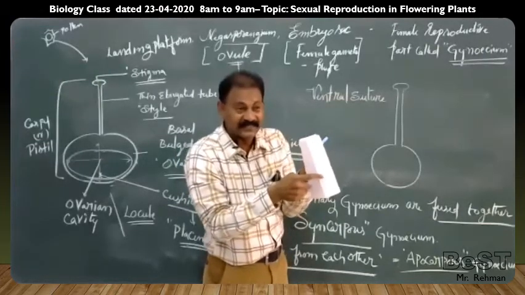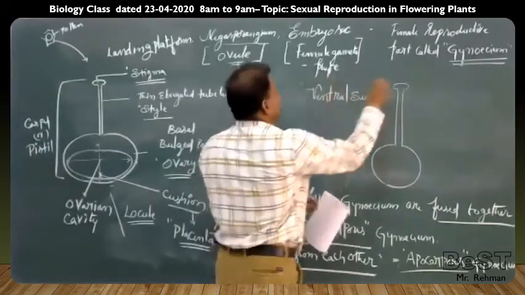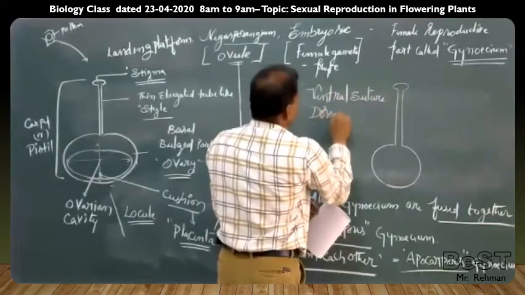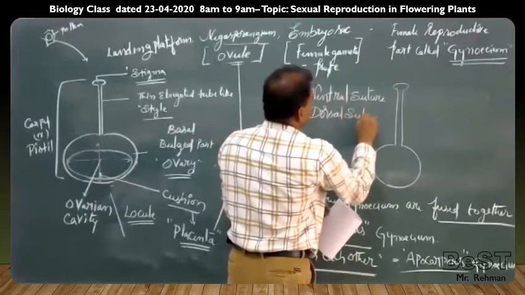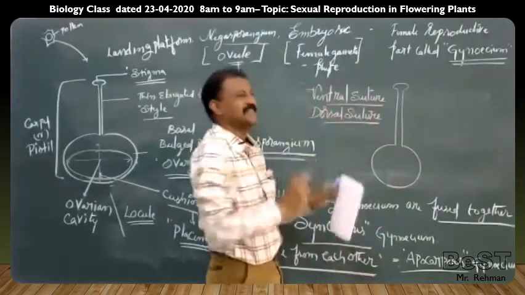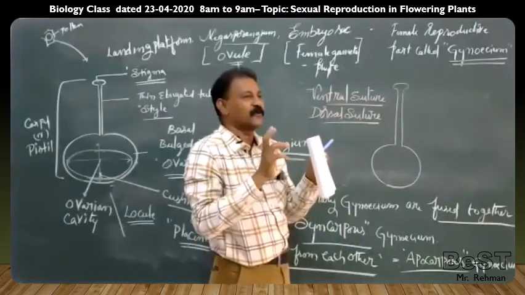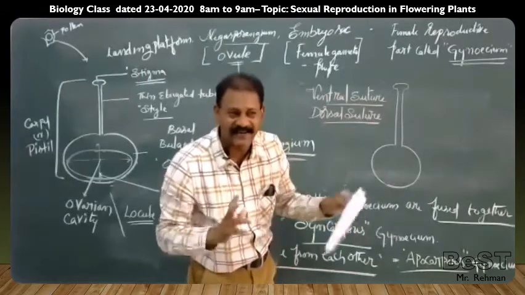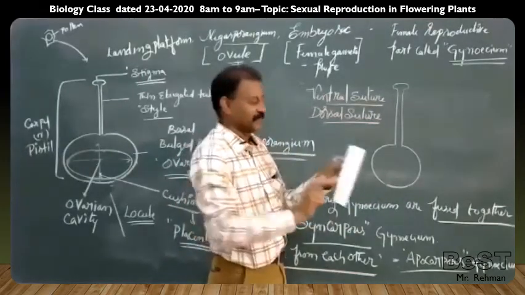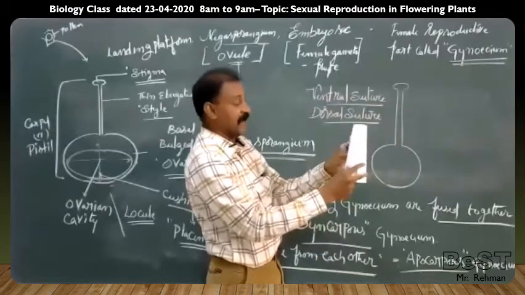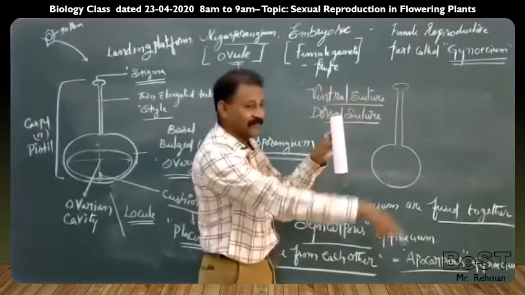What are ventral sutures and what is dorsal suture? And what is the significance of these? What is the use of studying these? It is to understand whether a fruit is going to break to liberate the seeds towards the ventral suture or towards the dorsal suture. So this is a carpel or a pistil or a gynoecium of a particular flower.